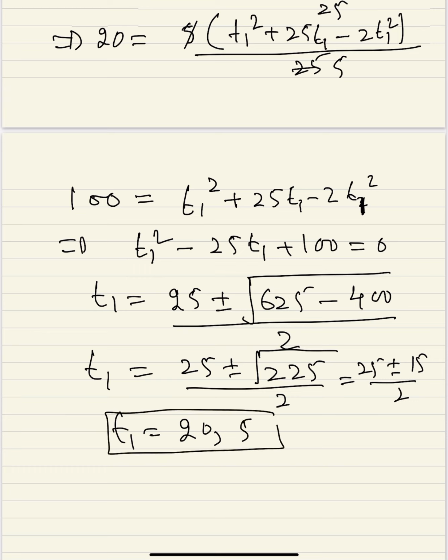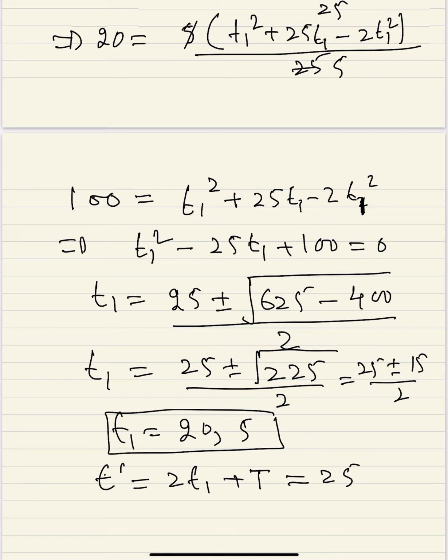So we have to pick up one of the two values. If we take 20, that will make total time T prime, that's 2T1 plus T, equal to 25. If we take T1 to be 20, that will make 40 plus T equal to 25.